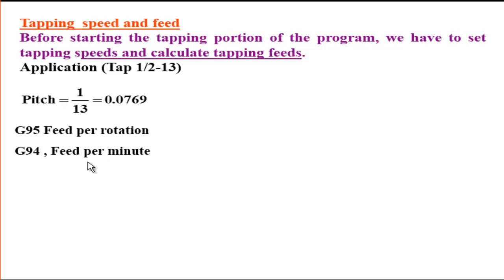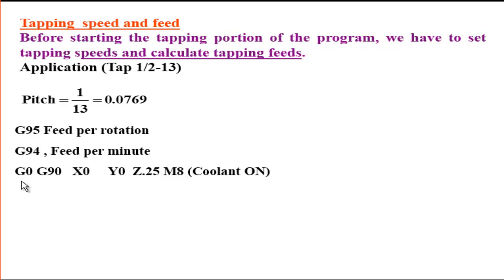Now we have two systems of programming the feed, either feed per revolution, or feed per minute. If we program using feed per revolution, we should use G95. To program in feed per minute, we should use G94.